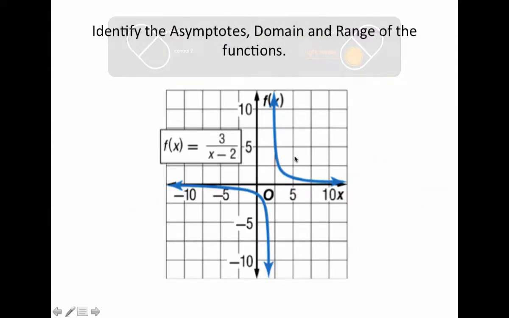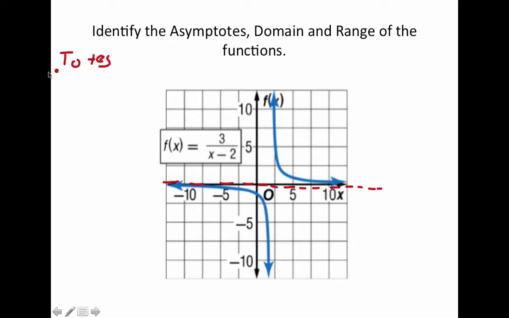So when we look at this guy right here, identify the asymptotes, the domain, and the range. My asymptotes for this guy: it's not moved up or down. There is no value of k. So I have a horizontal asymptote, y equals 0. Remember, that'll be the value of k. There is nothing being added on.